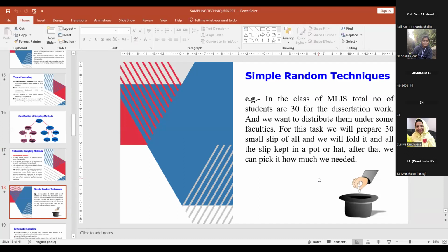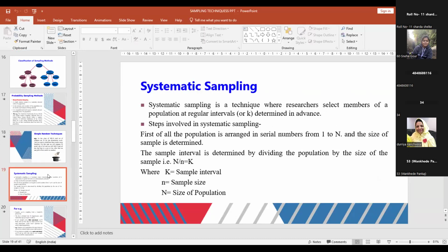Another one is systematic sampling. Systematic sampling is a technique where researchers select members of the population at regular intervals determined in advance.